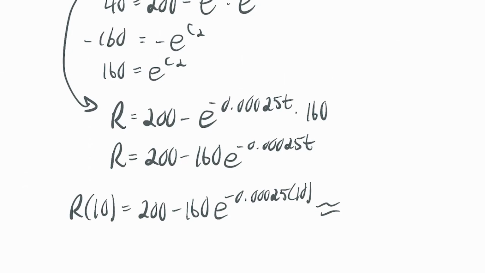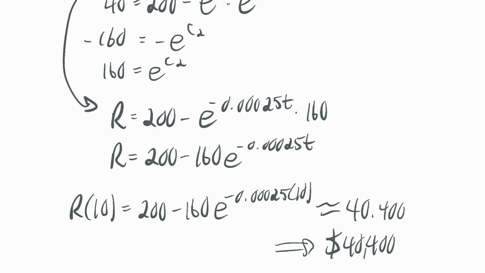So 200 minus 160 times e to the negative 0.0025 power. And I get, oh, it's more actually, 40.40. So that corresponds to 40,400. So yes, that predicts more revenue at the 10-year mark than the previous model.